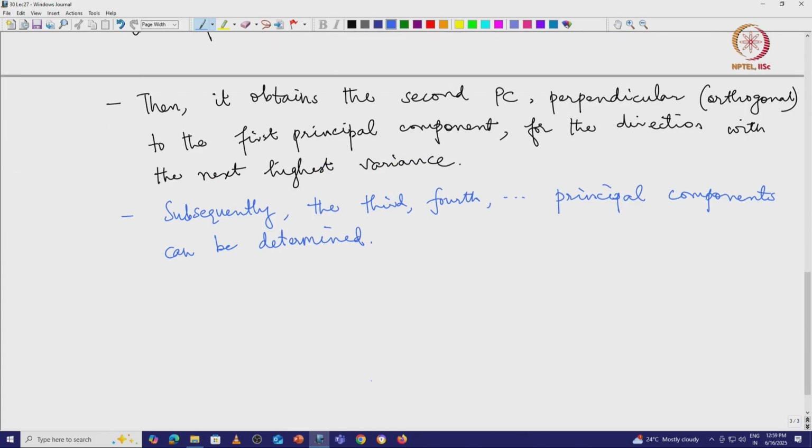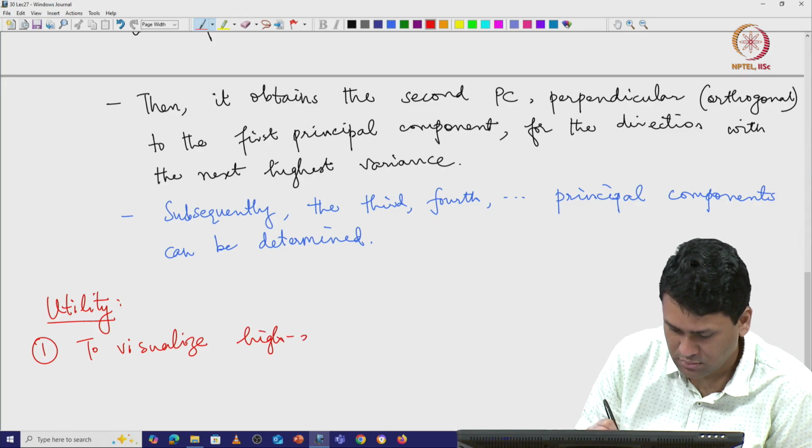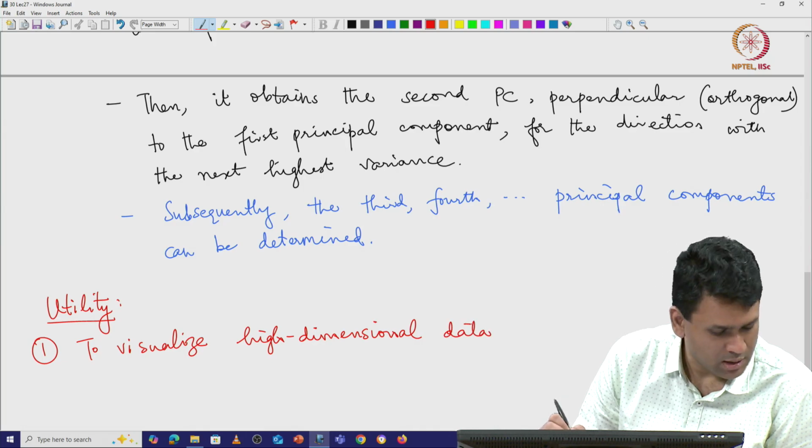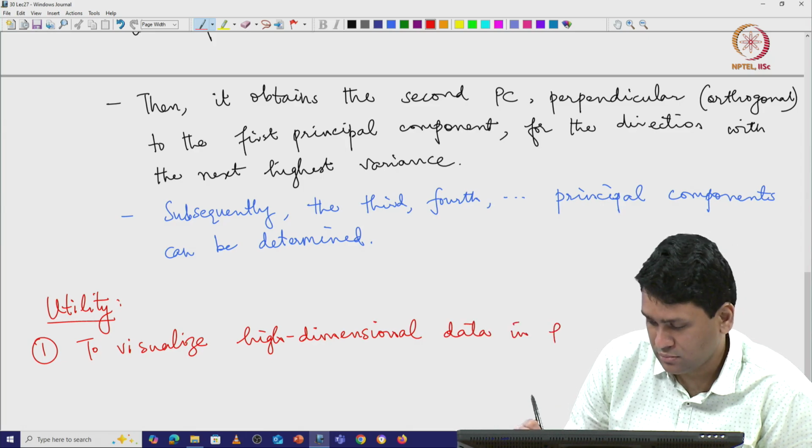Okay. So, what is the use of this, right? Why are we doing all this? The utility is that we can visualize high dimensional data in few dimensions.